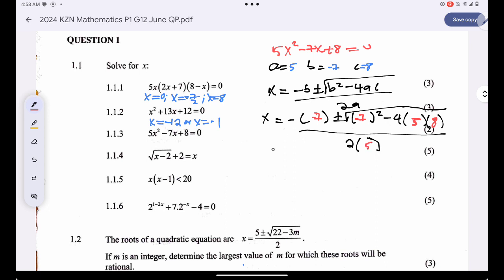We have 5 here. Then x is equal to 7 plus or minus the square root of 49 minus 4 times 5 times 8. 5 times 8 is 40, multiplied by 4 is 160.